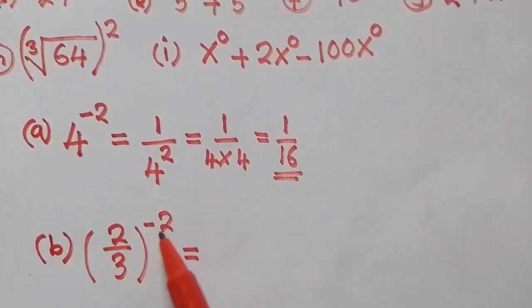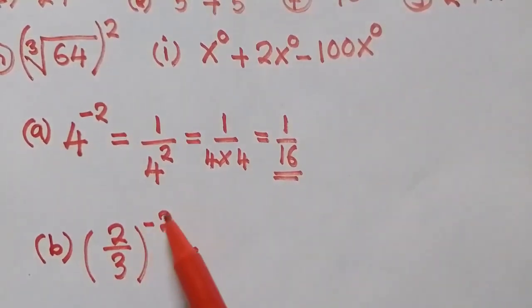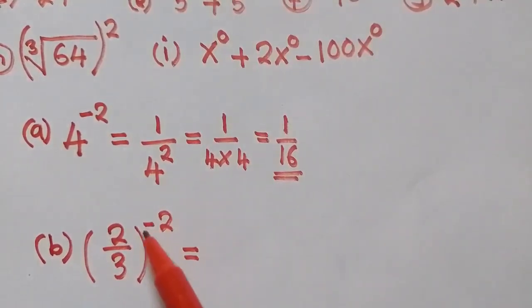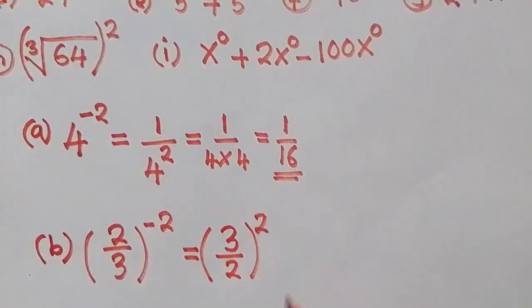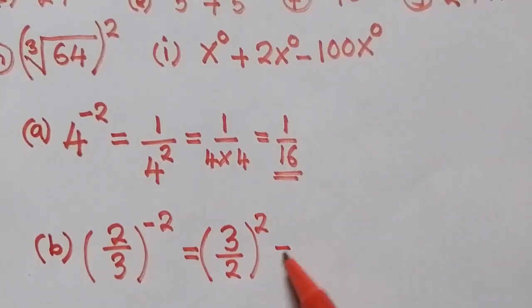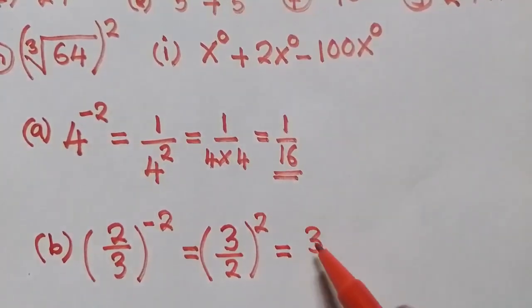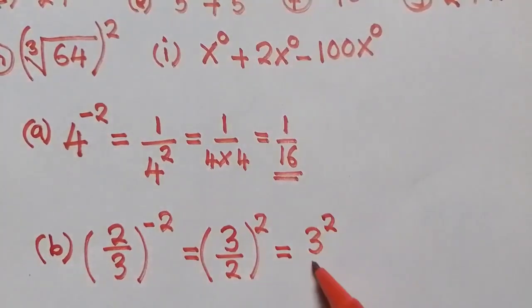Whenever you want to change the negative to a positive index, what you need to do is swap these numbers. So you're going to have 3 over 2, then power 2, which is the same as 3 to the power 2 over 2 to the power 2.